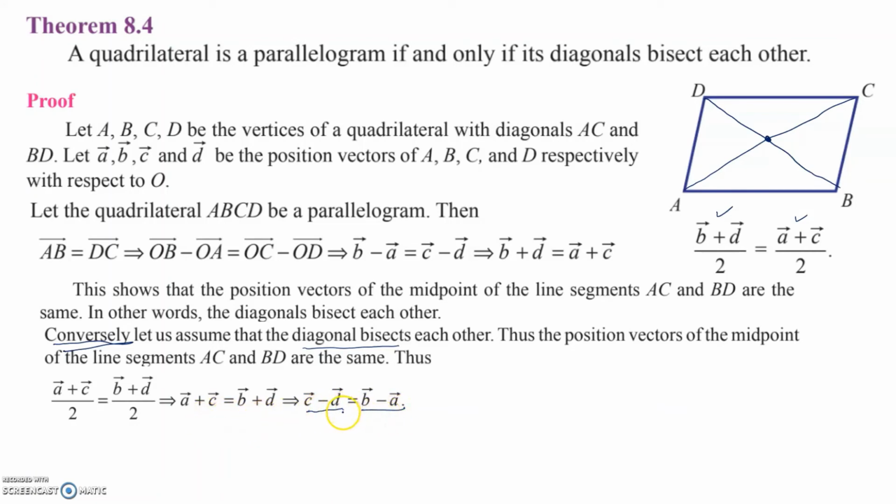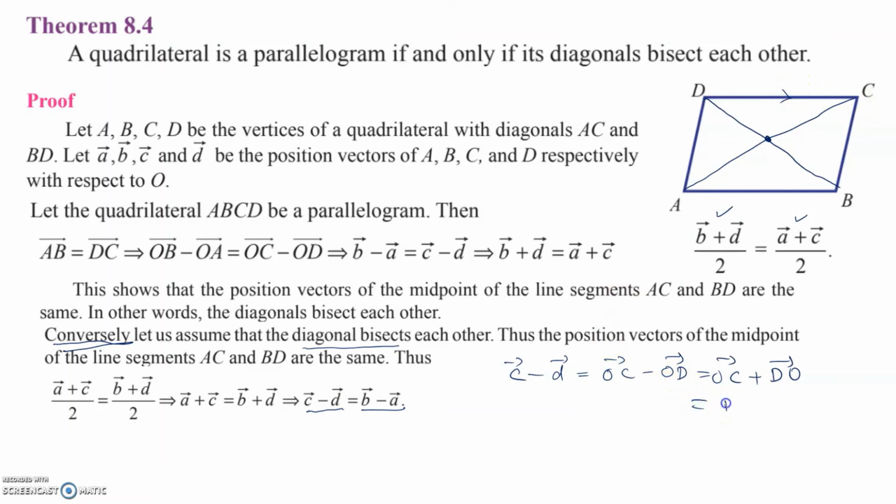So what is C minus D? Let's write it down here. C minus D is vector OC minus vector OD, which will be equal to vector DO plus vector OC. The origin is here, and DO plus OC is nothing but our vector DC, this vector here.